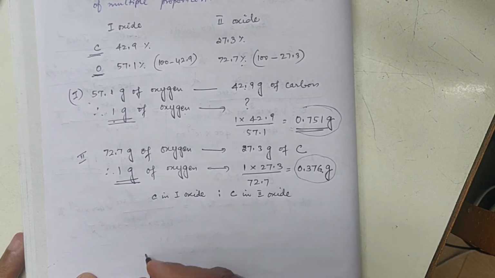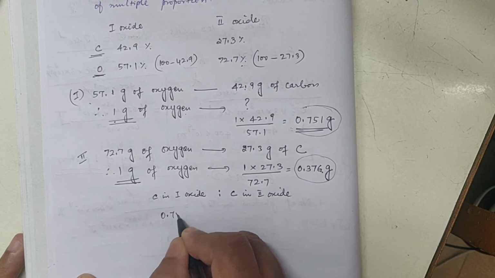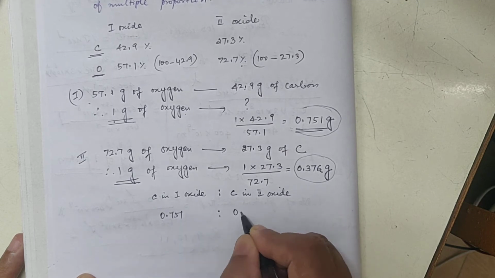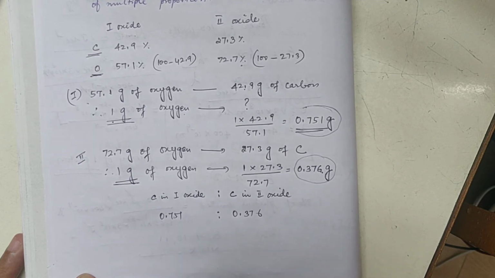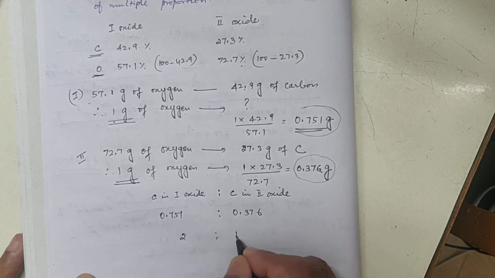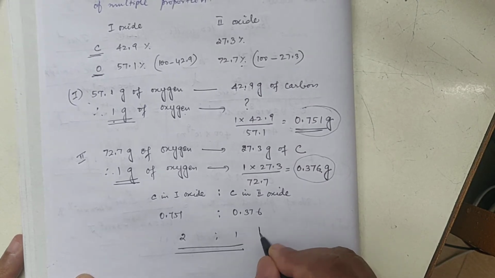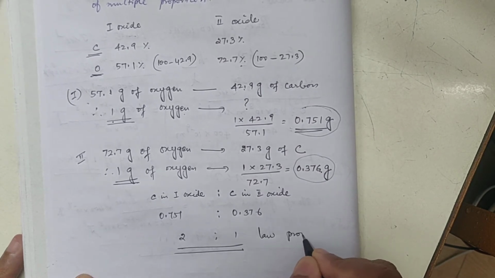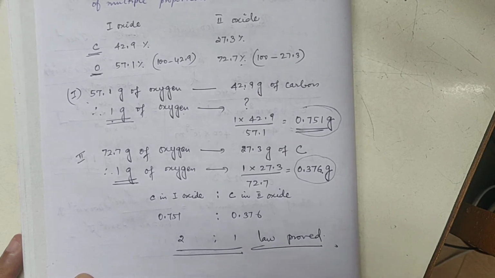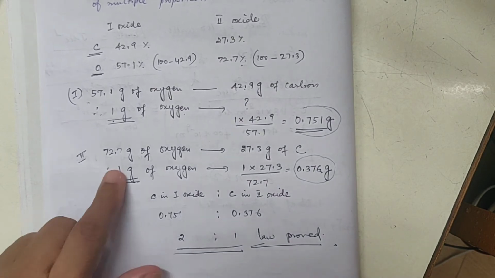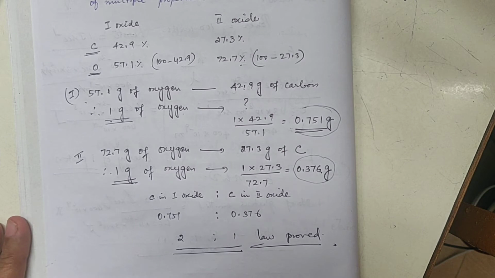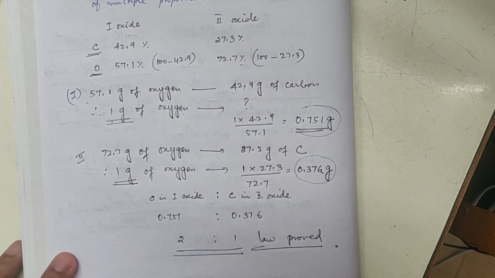That is 0.751 is to 0.376, which is approximately 2:1. Thus the law is proved. That's all. Okay, so this is how you will proceed with the numerical.